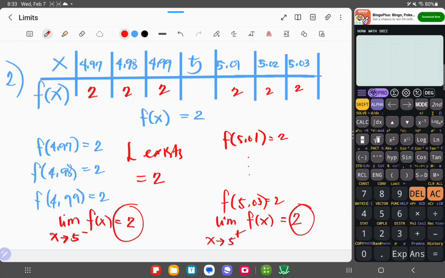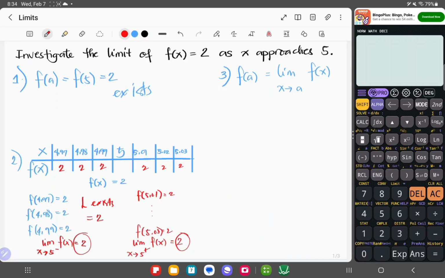Now, for instance, if the limit on one of these sides, for example, the left side, is not the same as the limit on our right side, then the limit does not exist. Now, in order for a function to have a limit, the value of our f of a and the value of our limit of f of x as x approaches a must be equal.